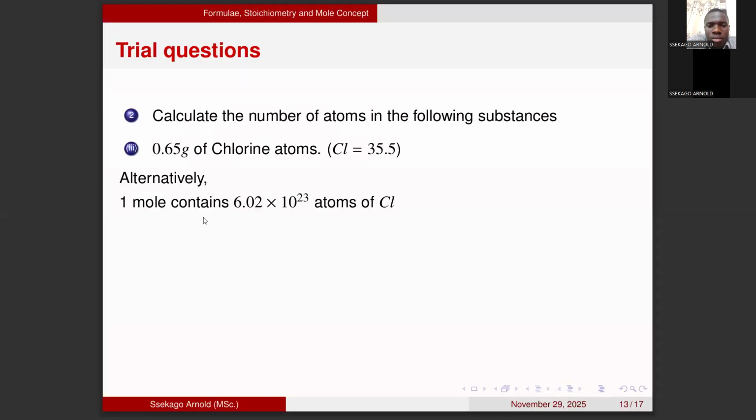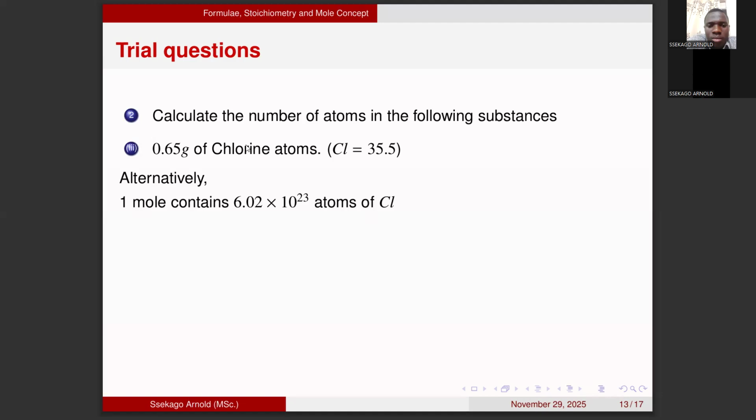At first I said that 1 mole contains 6.02 times 10 power 23 atoms of chlorine. Now I have atoms, which are required. However, the item does not comment on moles, so you have to replace moles with mass. The mind map says that 1 mole is the same as RFM.